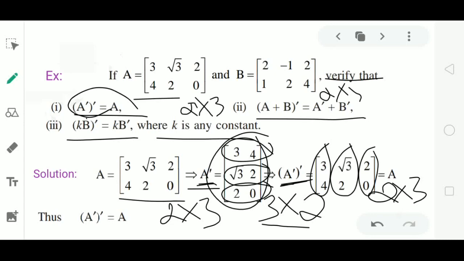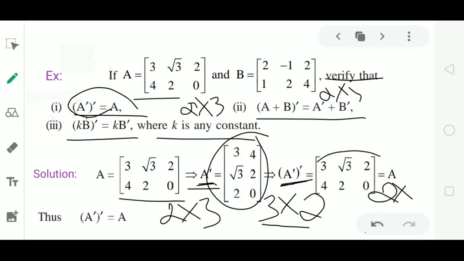Also you can observe here, elements of first column of A dash are the elements of first row of A dash whole dash. Elements of second column of A dash are the elements of second row of A dash whole dash. This matrix is transpose of A dash.